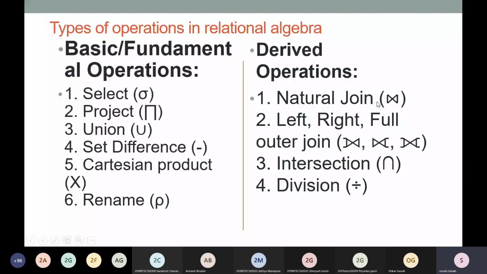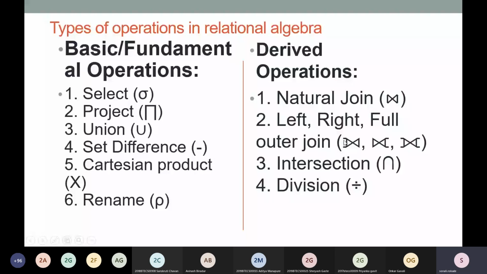Natural join is this one. Then we have left outer join, inner join, and outer join. They are again divided into different types, and outer join also has different types. We will check which is the inner join and which is the outer join. In left outer join, you can see the dashed line at the left side, so it is left outer join.